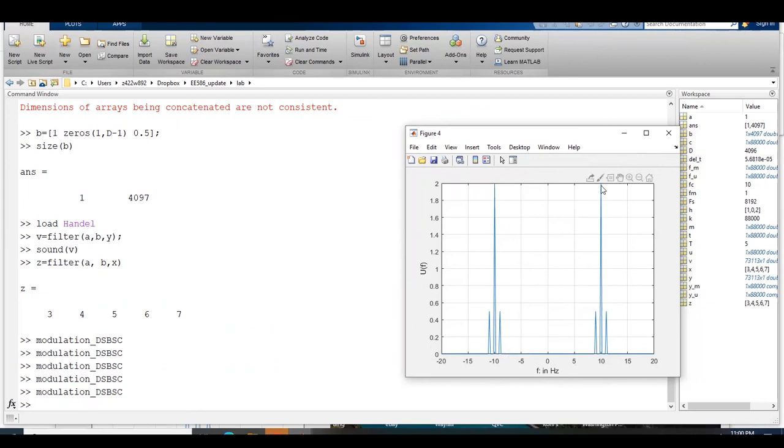And pay attention to the scale of your power spectrum analyzer. You want to put your power spectrum analyzer in the linear scale, not in dB. We want it in linear scale. So ask the TA if you don't see clean spectral lines, 3 lines.